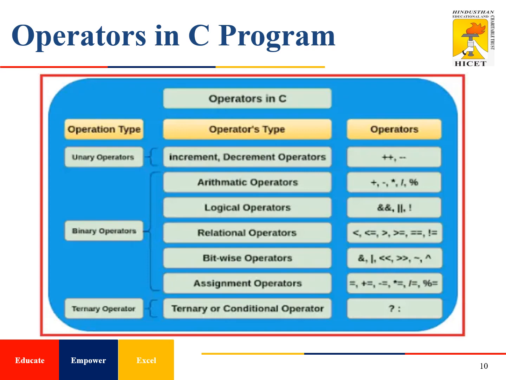Arithmetic operators are plus, minus, star, division, and modulus, which are used to perform mathematical operations. Logical operators are double ampersand, double bar, and not symbol, which are used to represent some binary operations.